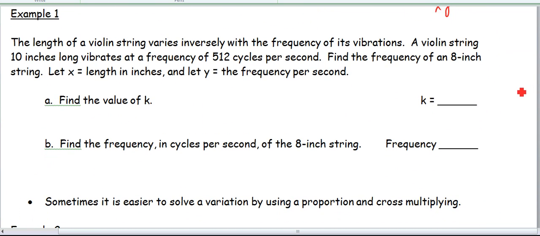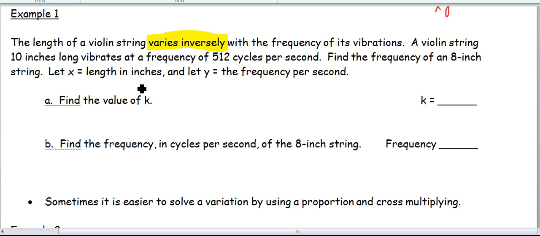Example 1. The length of a violin string varies inversely. So we need to hone in on these keywords. So we know we're going to have a fraction going on here. It says a violin string 10 inches long vibrates at a frequency of 512 cycles per second. Find the frequency of an 8-inch string.